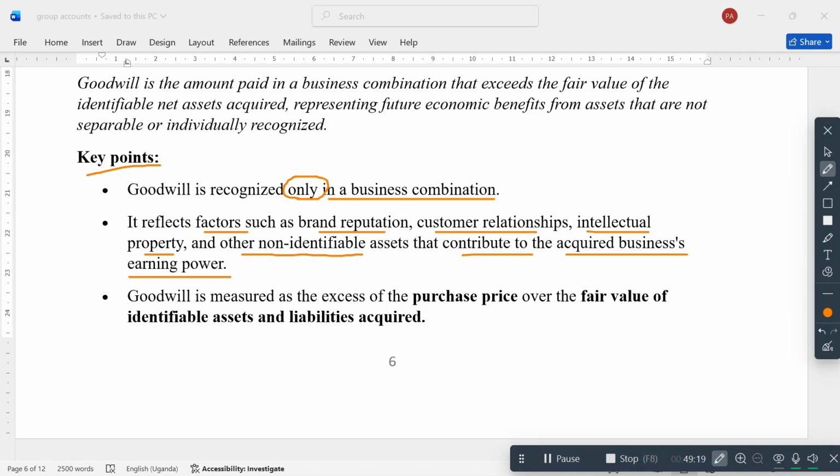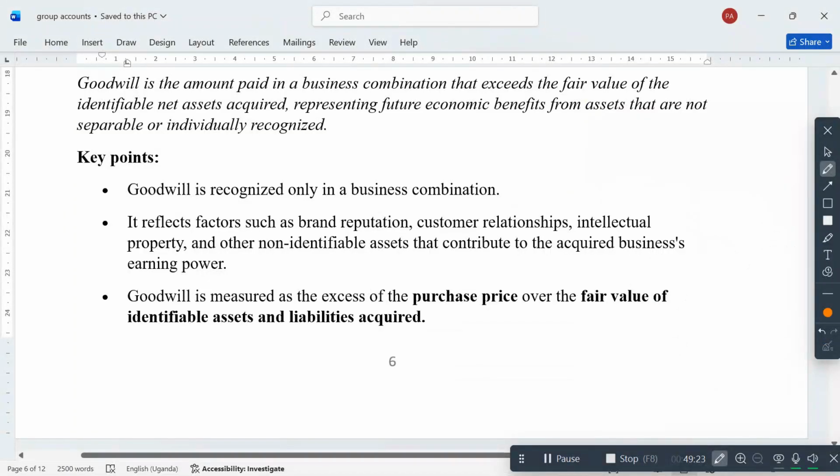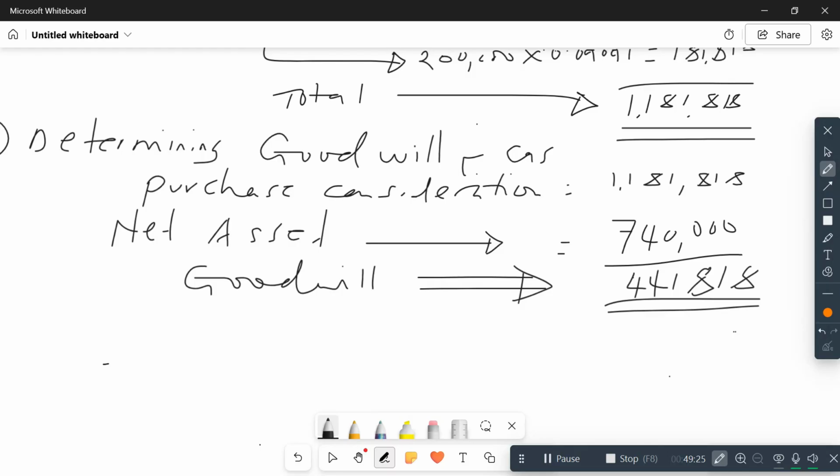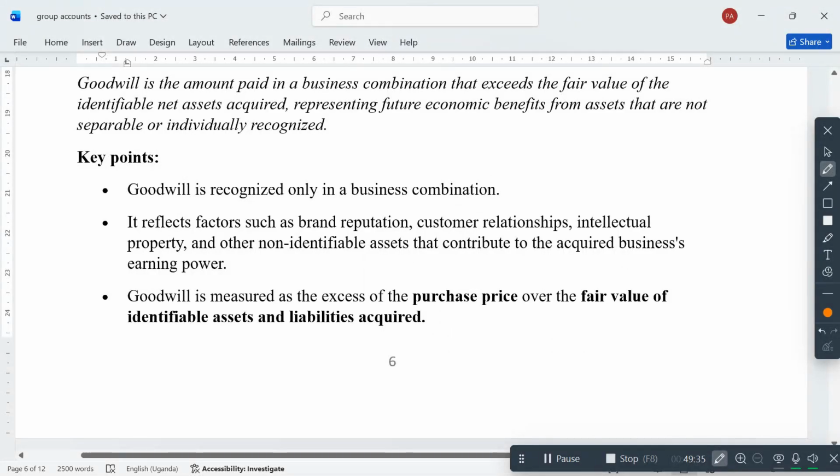You see? So the difference we are talking about here, 441,818, is representing other assets. Which other assets? Like the brand name, reputation, this intellectual property, among others.